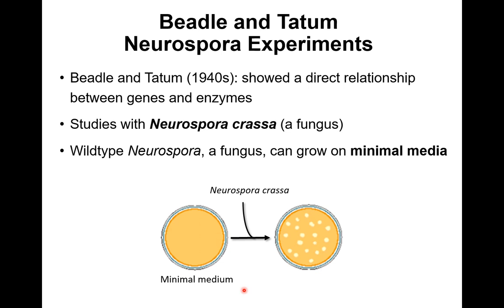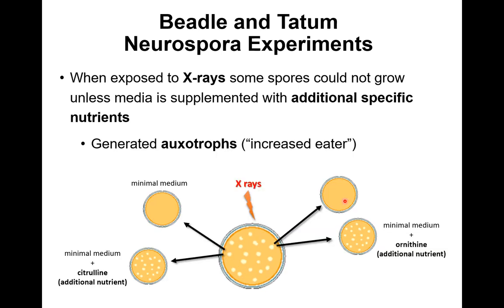and they will grow. So if you take some Neurospora crassa, you take the spores, the replicatory spores, and you put them in minimal medium, you will see that this fungus will grow, forming colonies, this white spot right here. So what these two scientists did was take some of this fungus, in this case a different colony, and irradiate it with X-rays.